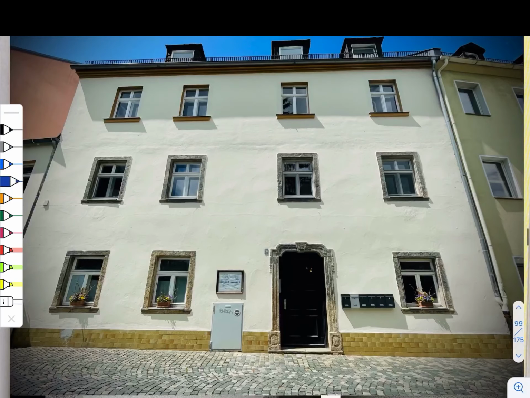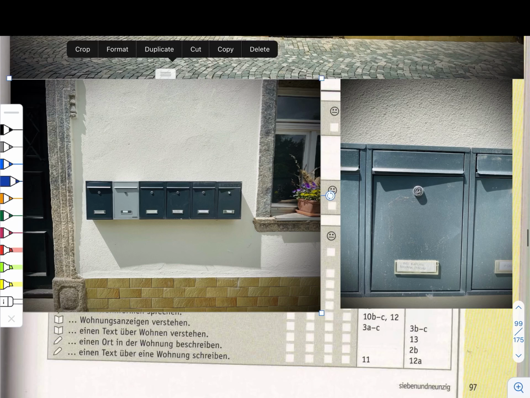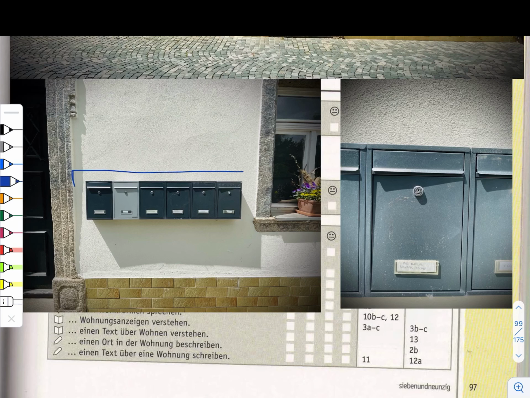I will tell you. For example, this is the apartment where I live. Okay, and what he is telling about the post is this thing. Okay, this is the post. What does this post mean? For example, you come to Germany and you open your bank account.